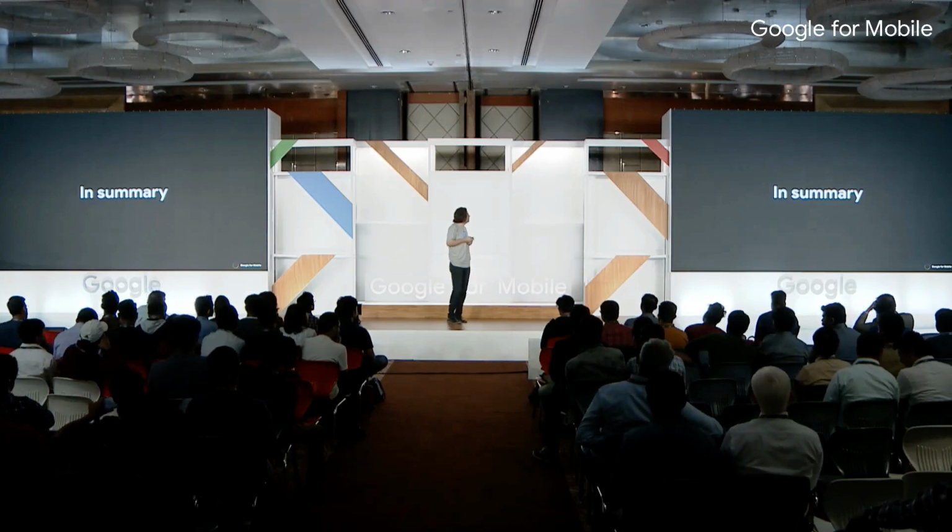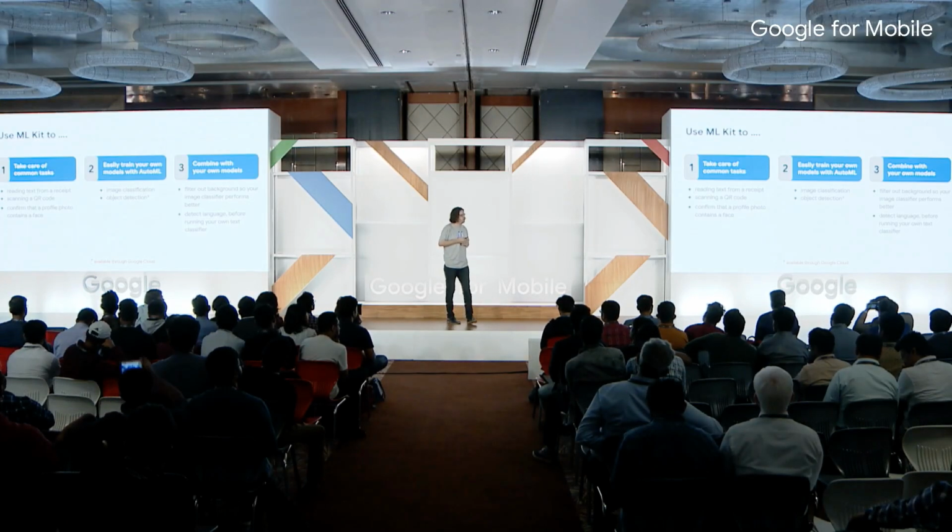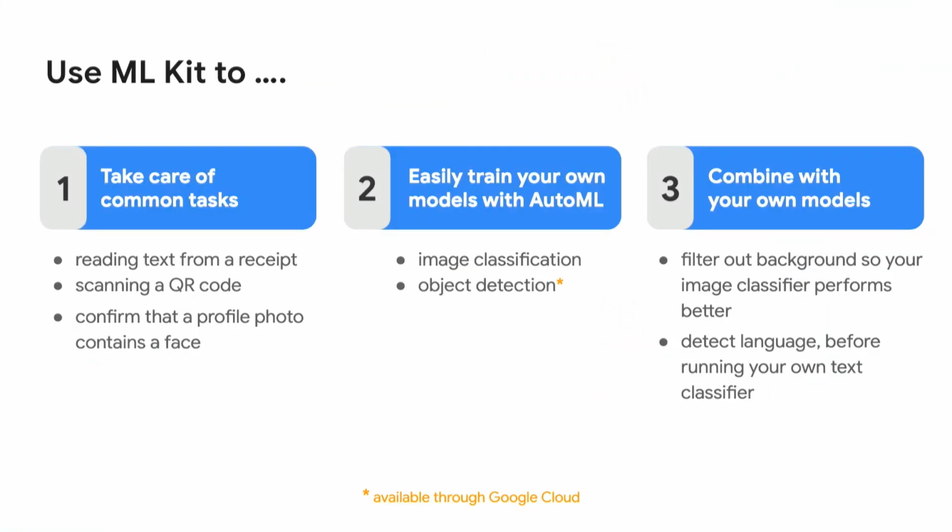Okay, so in summary, where should you use ML Kit? Well, use ML Kit to take care of common tasks. If you need to scan a QR code, use our barcode scanning API. If you need to confirm a profile picture that your customer has uploaded, just use the face detection API. No need to build your own model. You can also use ML Kit to easily train your own models.